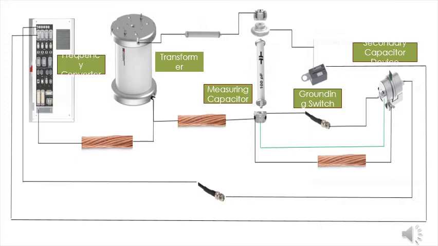Basically, the braided copper wire mainly solves two major problems in the electronic field: safe contact and static elimination. The other grounding uses a common grounding cable, connected from the measuring capacitor to the secondary capacitor.